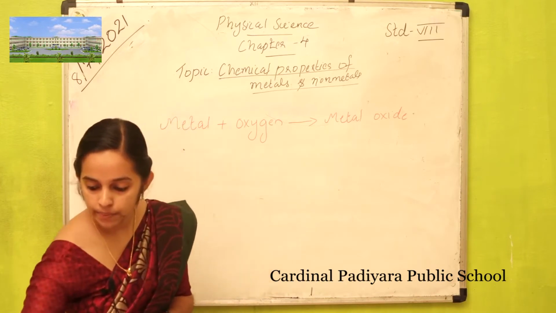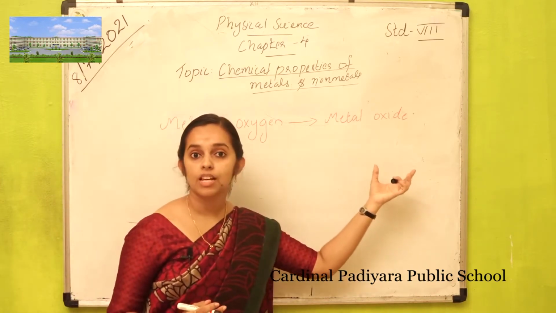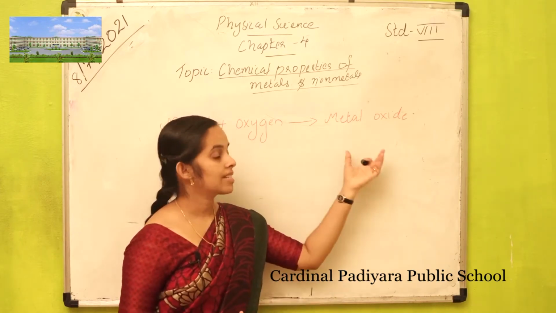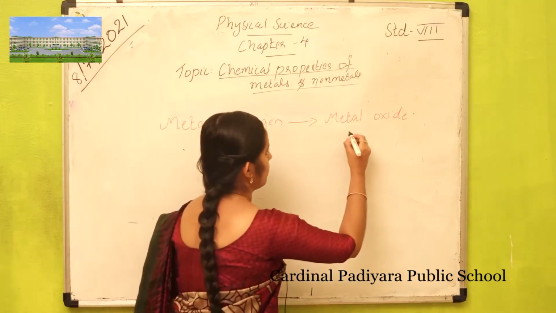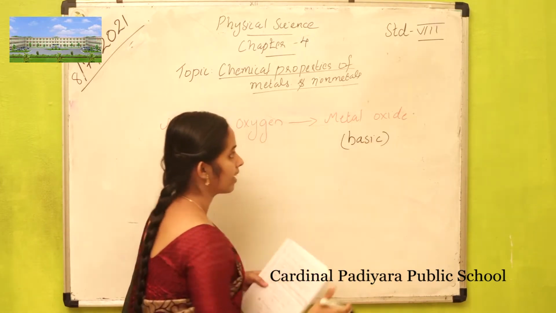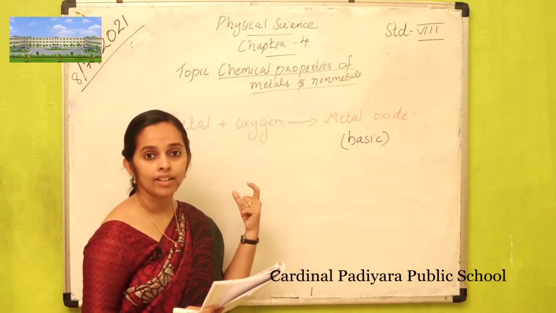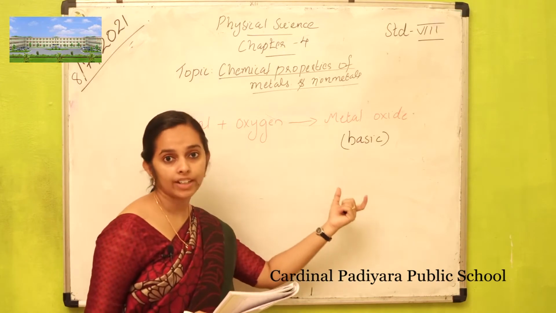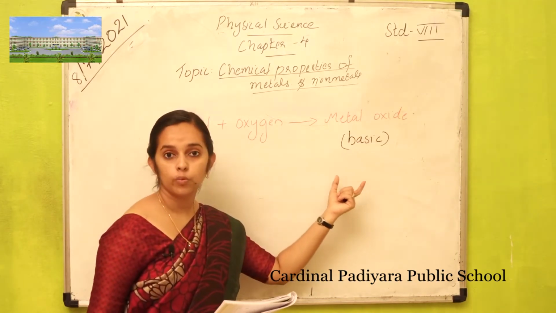Then what is the nature of this metal oxide? These metal oxides are basic in nature. When we immerse a red litmus paper in a metal oxide, we get which color?